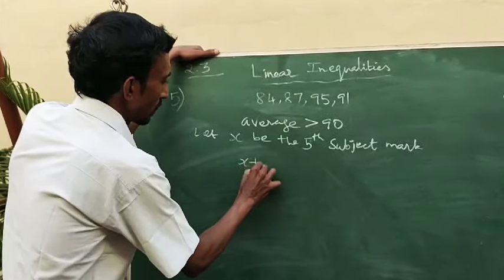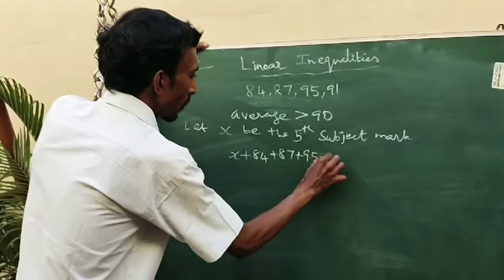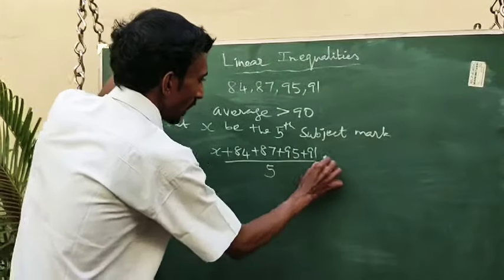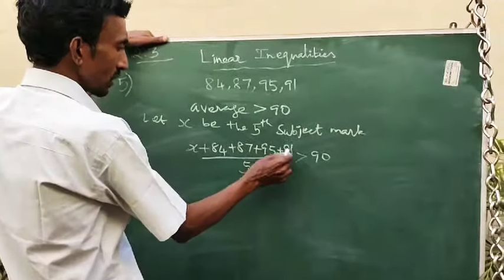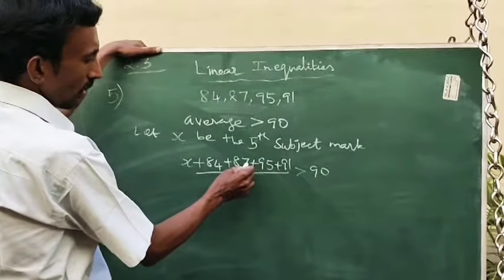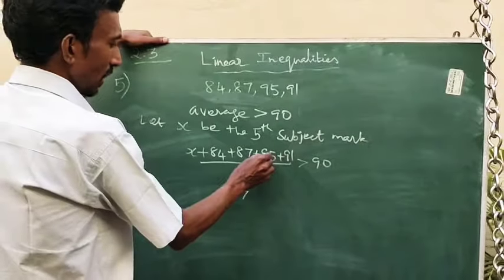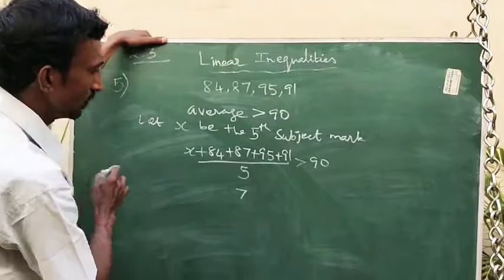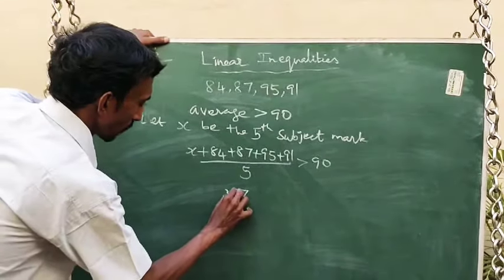So x plus 84 plus 87 plus 95 plus 91, divided by 5, greater than 90. Okay, so the sum of these is 357.